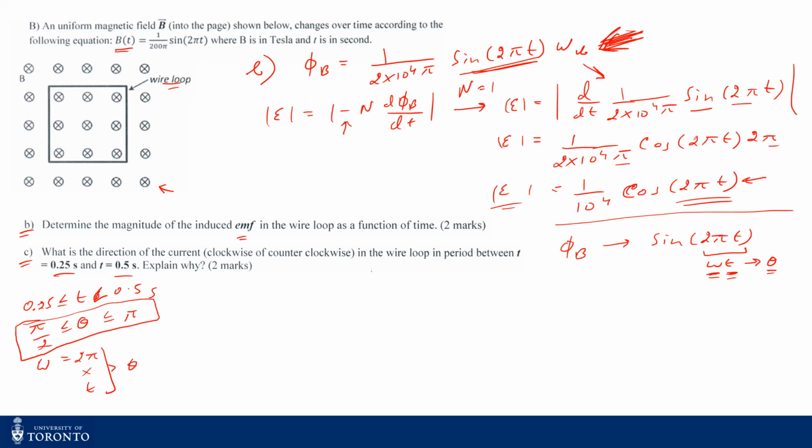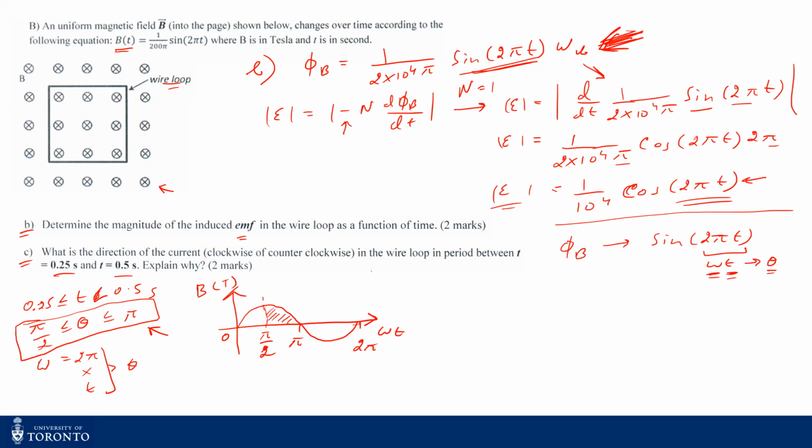If we draw one time period against omega t, with B, the magnetic field in Tesla, on the other axis, since it varies sinusoidally, this is my 0, this is my pi by 2, this is my pi, this is my 2 pi, right? I have to look in between pi by 2 to pi. So that's this region.